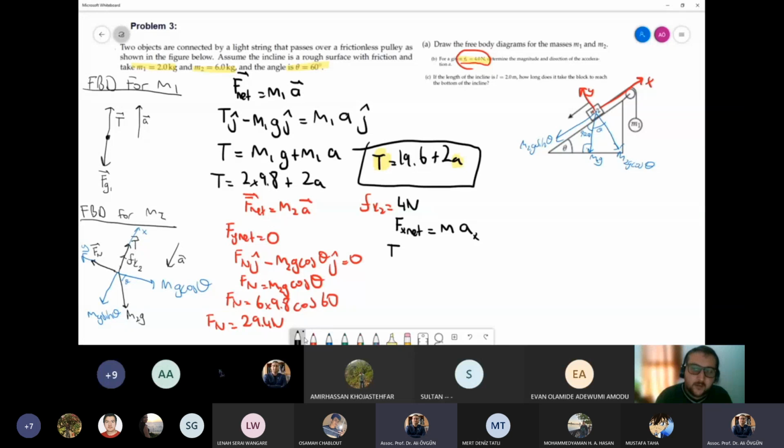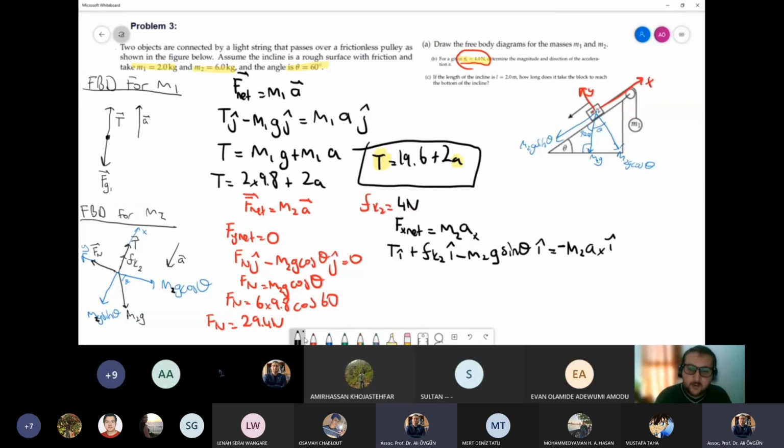One of them is T. T i hat plus Fk2 i hat minus m2g sine theta i hat equals what? m2 ax i hat. But it is going down, so if it is going down, the acceleration is negative.